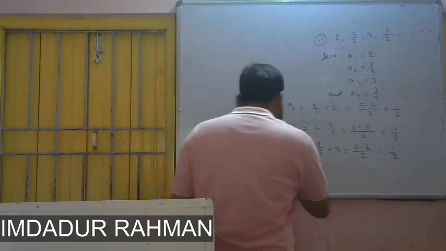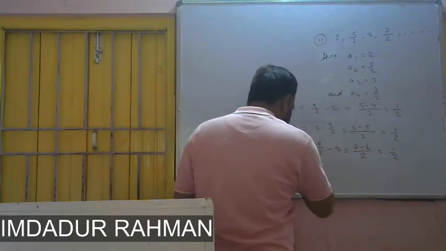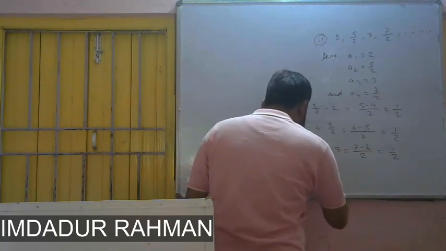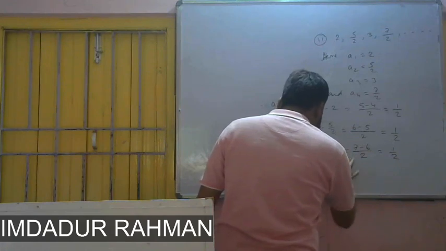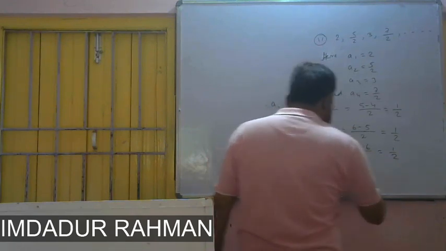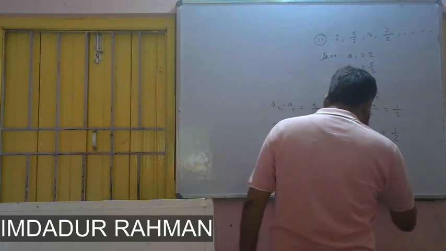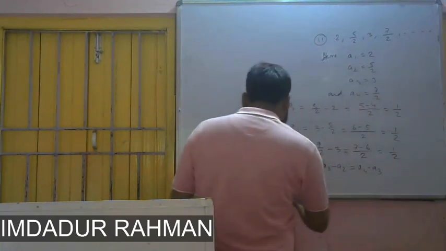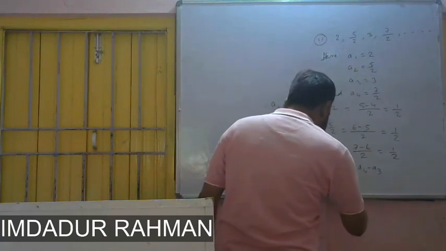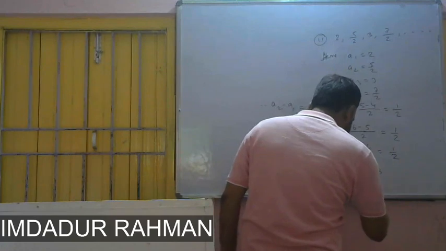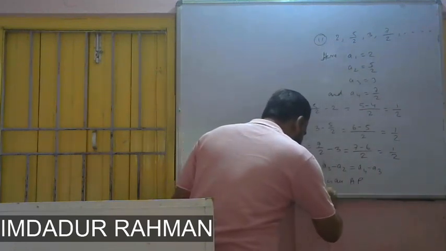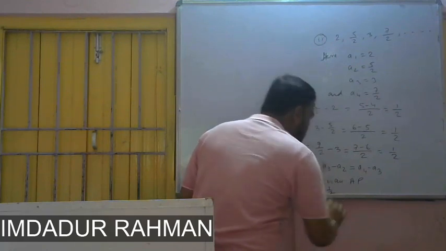So since A2 minus A1 is equal to A3 minus A2 is equal to A4 minus A3, therefore the series is an AP, and the common difference is equal to what? 1 by 2.